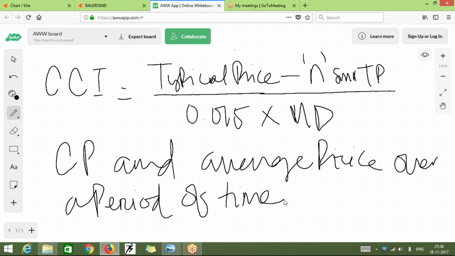CCI is normally used the same way as stochastics and RSI: to see the overbought and oversold regions.